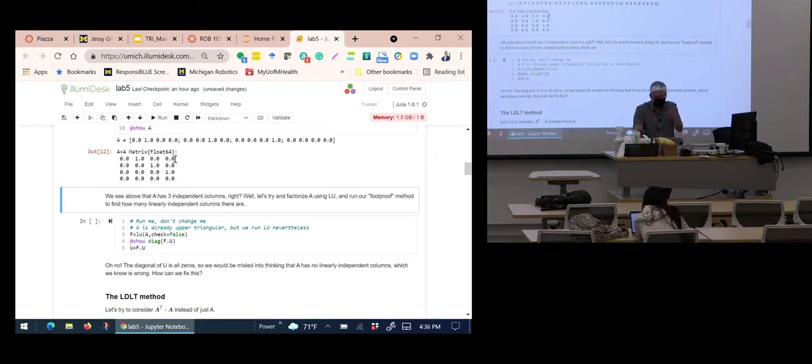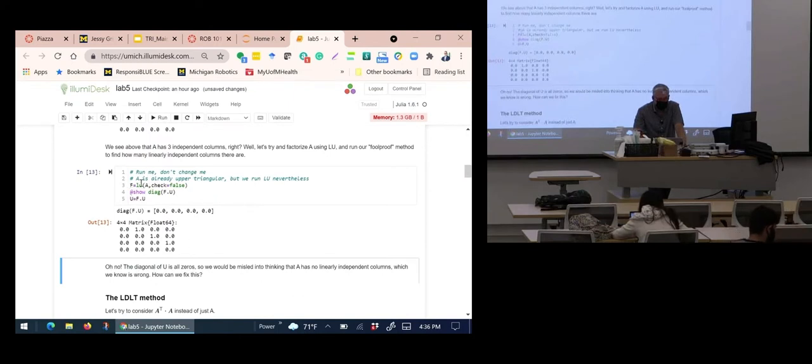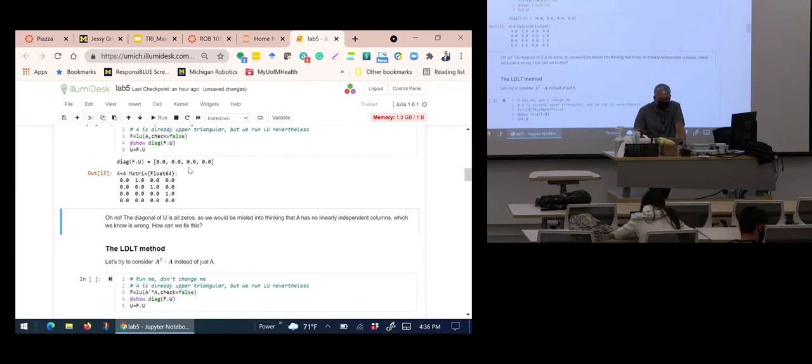The identity times A is already an LU factorization, so this should be U, and we can just run it and check it. Yep. So I just used the LU factorization command native to Julia, and we see that its diagonal is all zeros, and then I pulled off U by the dot command, f.u picks out the entry in that structure, and sure enough, it's the same matrix we had.